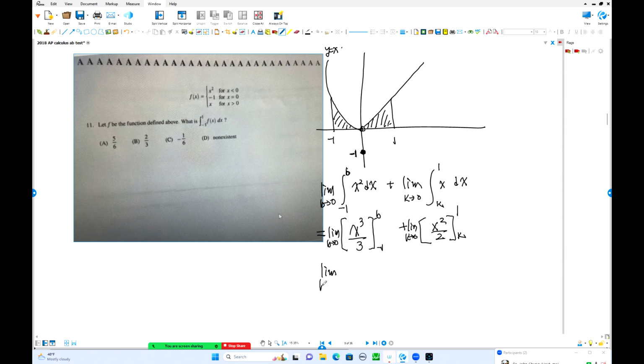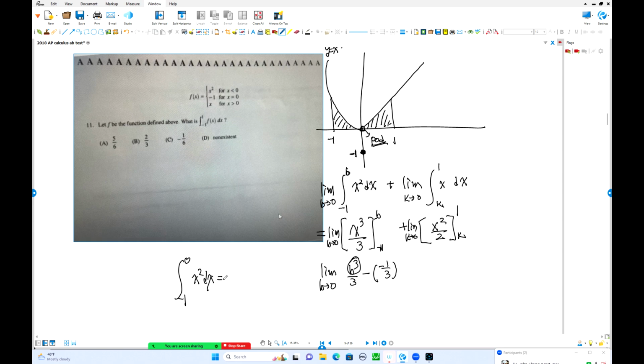Limit b close to 0, b cubed over 3 minus negative 1 over 3, okay? Minus negative 1 over 3, isn't it? But still, this is 0, right? That's why you can use just over here negative 1 to 0, x squared, because this is a point. A point doesn't affect the area, okay?